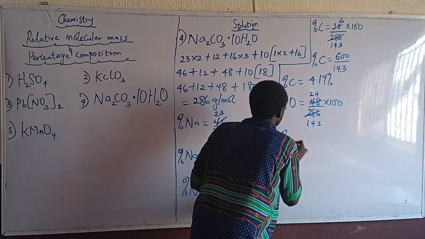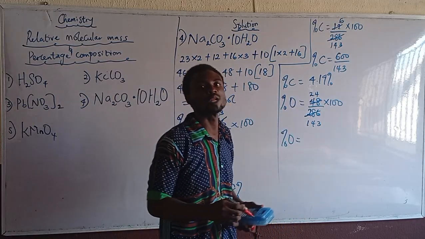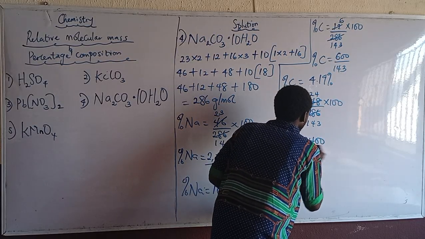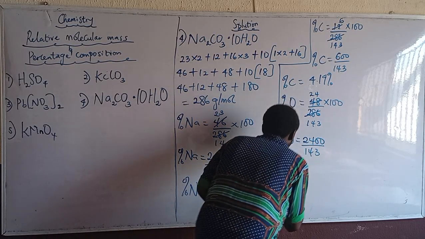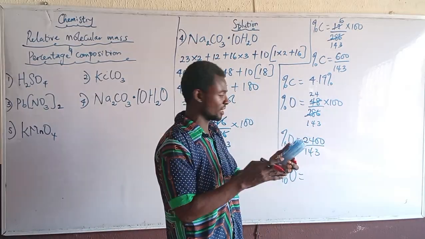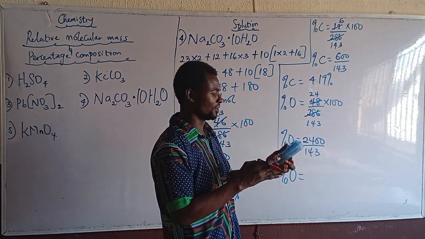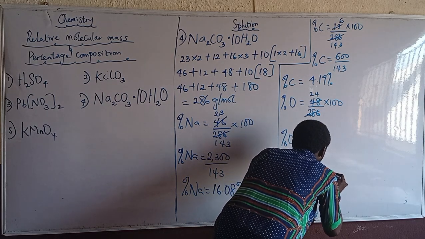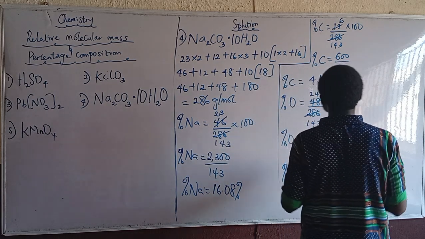So the percentage of oxygen is 24 multiplied by 100, which is 2400, divided by 143. That is 16.78%.